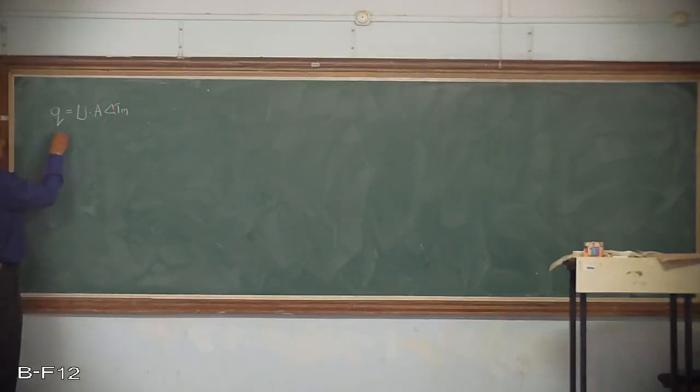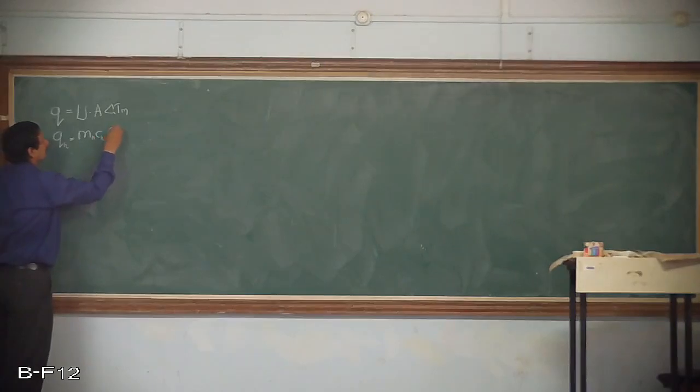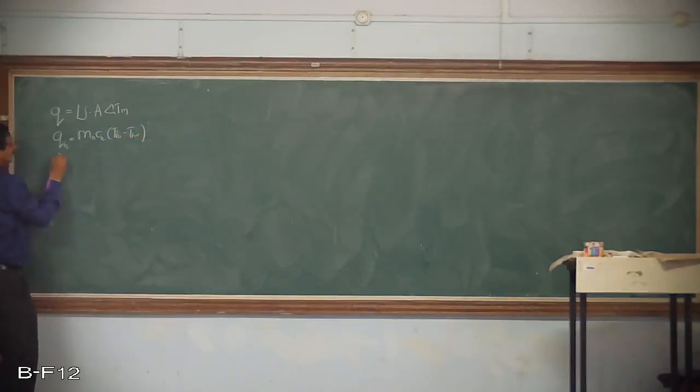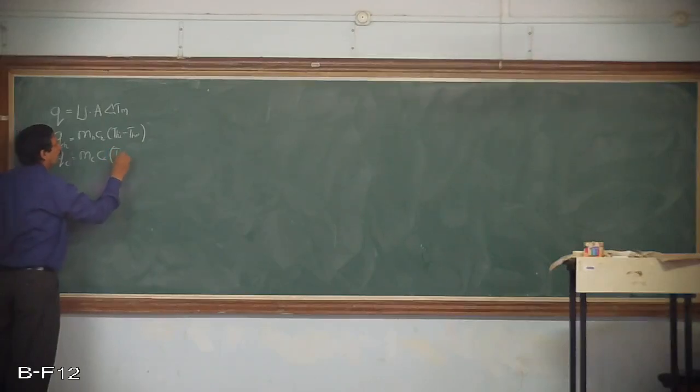The next one, QH equal to MH CH into THI minus THO. Similarly, QC will have MC CC into TCO minus TCI.